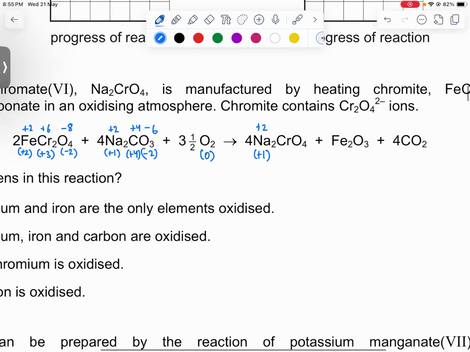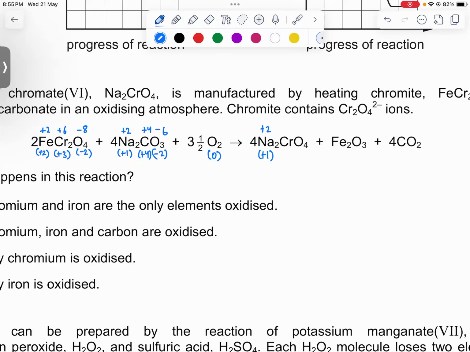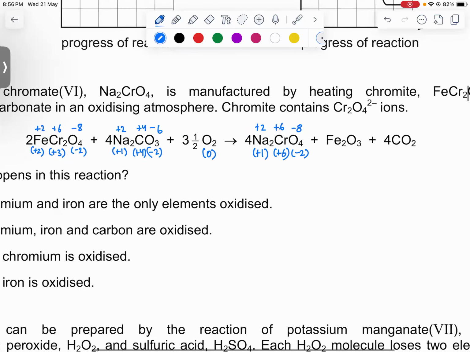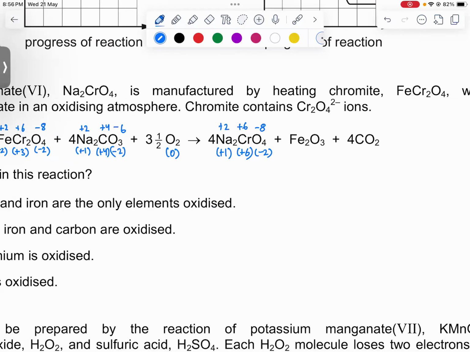Next, if you look at the next thing, it is Cr and O4. The total O4 must be -8, because each oxide is -2, and there is one Cr over here which must be +6. So Cr over here is +6. Next, if you look at iron oxide, three oxides meaning -6, so two irons must be +6.